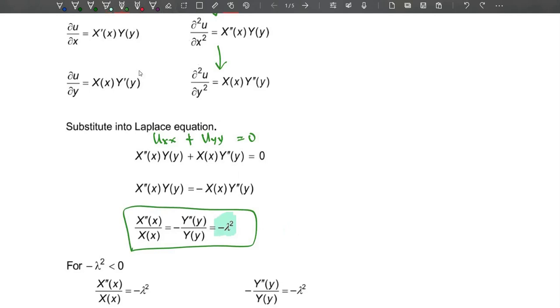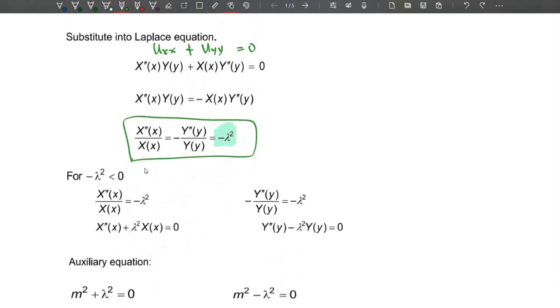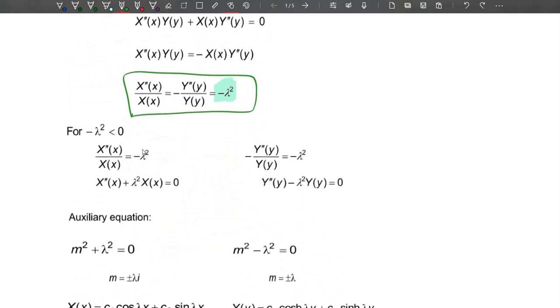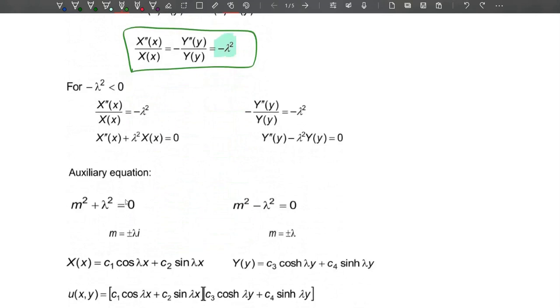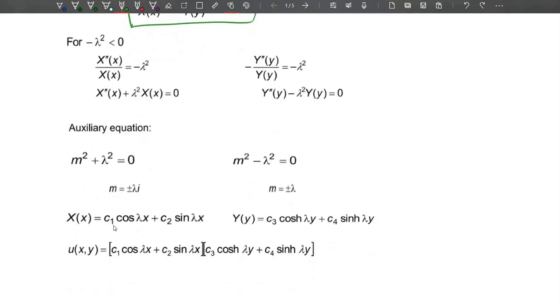Next, for negative lambda squared less than 0, we have these two equations. The first one leads to this auxiliary equation for X, where the roots are plus minus lambda i, and hence X of x equal to c1 cos lambda x plus c2 sin lambda x.